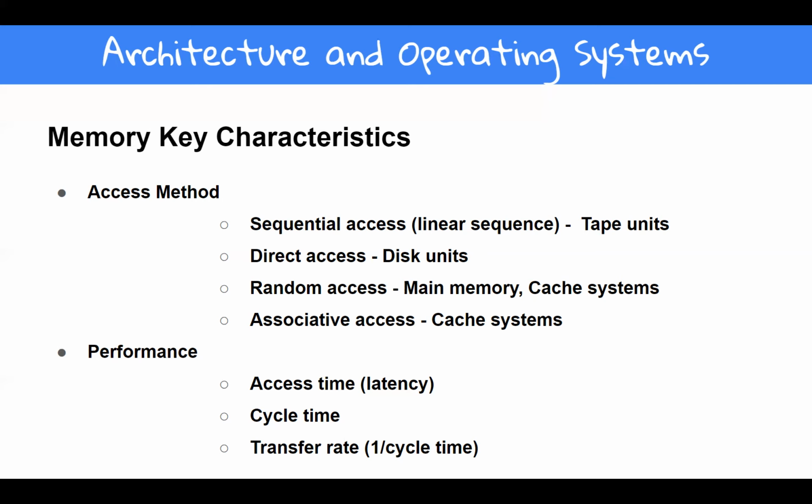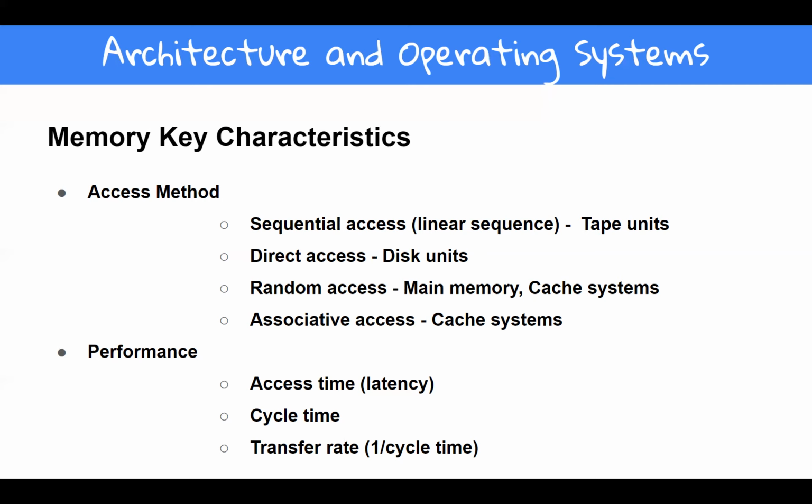Thus, a word is retrieved based on a portion of its content rather than its address. So it works based on similarity with what you're looking for. When you want to find specific data, you go and search for the similar ones. So cache works based on that, comparing the bits in the words to try to retrieve the data.